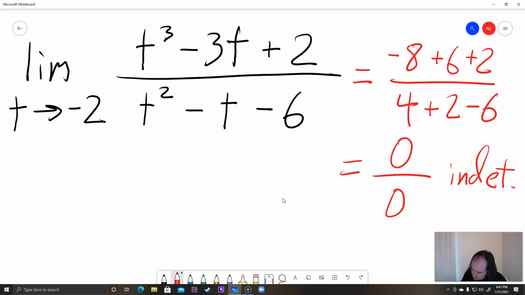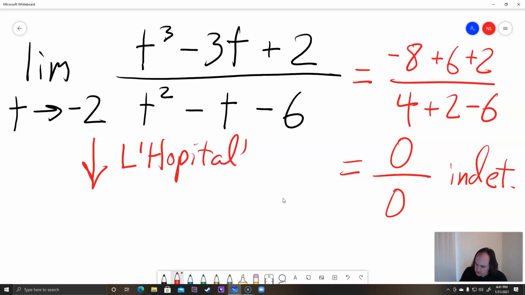Okay, so L'Hopital's. So taking the derivative on the top and the bottom separately, we are not using the quotient rule. On the top, using the power rule, we're going to bring these powers out front.